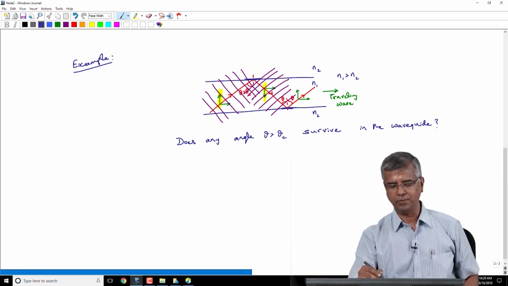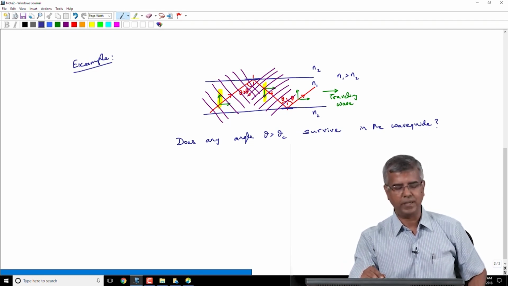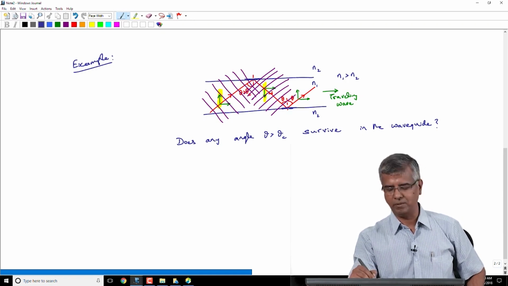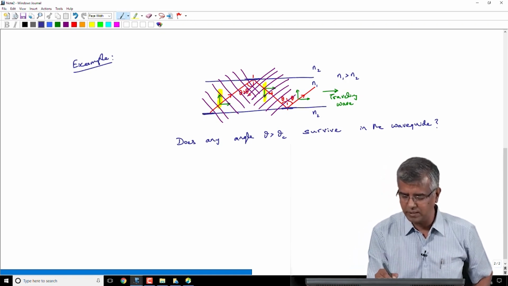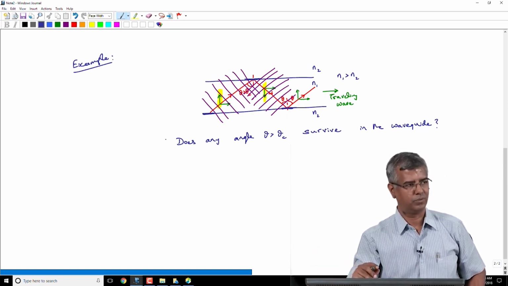So, whatever boundary condition I am satisfying at this boundary is the same boundary condition that I will have to satisfy here, every time it goes through the bounce. Okay.